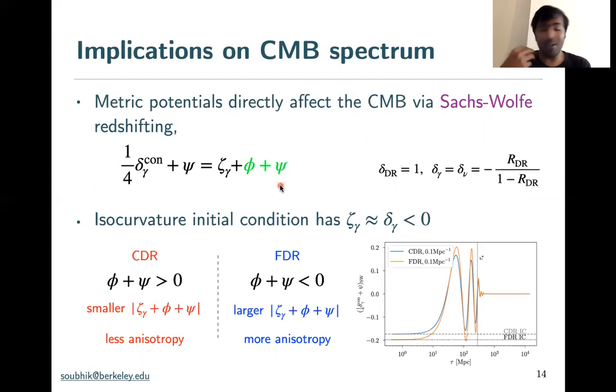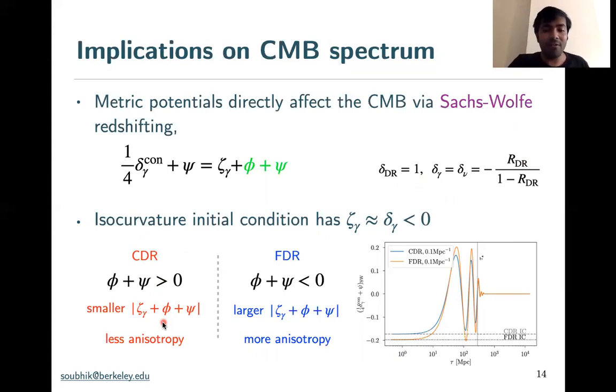I also told you that for dark radiation isocurvature, we are choosing an initial overdense region in dark radiation corresponding to some underdensity in photons and neutrinos. That basically translates into a negative zeta gamma. And what that implies is that for CDR, because of this sign, you actually have a smaller magnitude of this quantity, and therefore you have a smaller anisotropy for CDR.